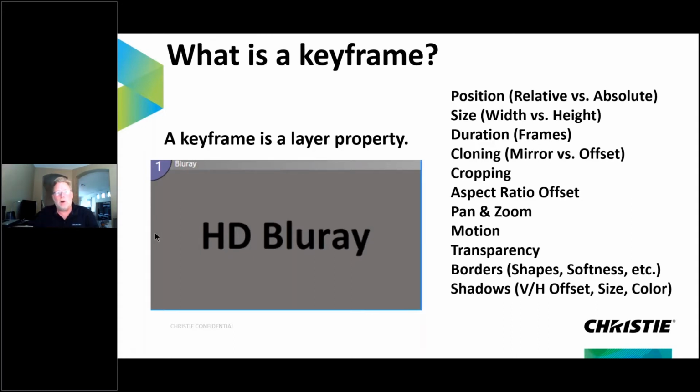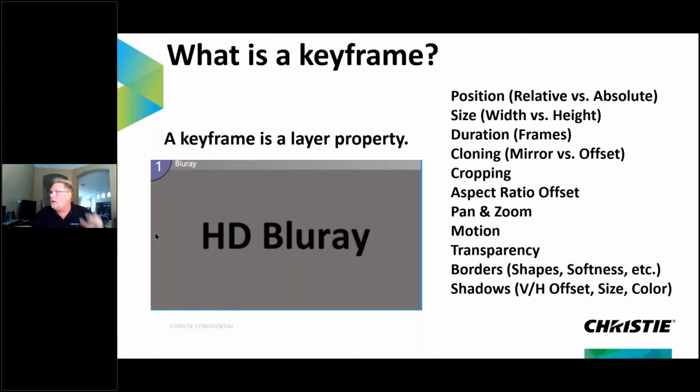So layer properties would include position, relative versus absolute. We're going to toggle back and forth between this list, but it's position, size, duration, cloning, cropping, aspect ratio offsets, pan and zoom, motion, transparency, borders, and drop shadows. Lots of stuff.